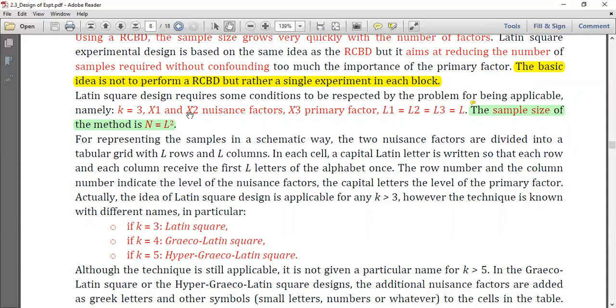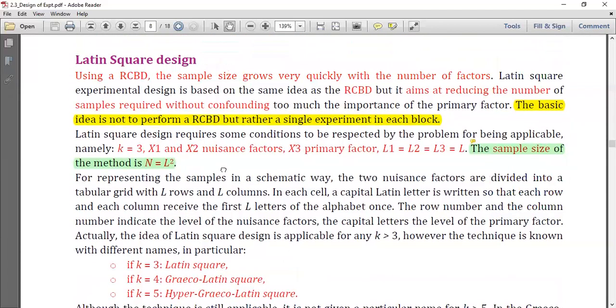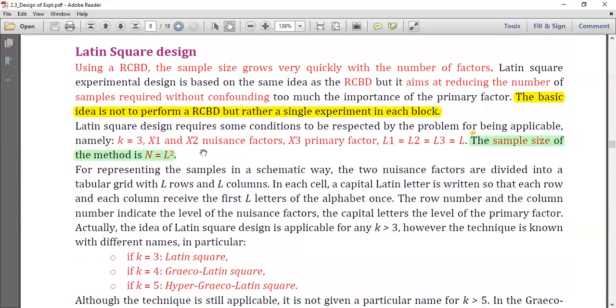So the sample size decreases when you take Latin square design compared to RCBD. RCBD is the larger version where you work with a higher number of samples, whereas in Latin square design you work with fewer samples. That is the advantage of using Latin square design.